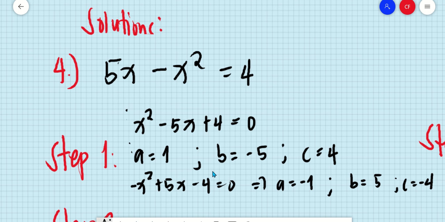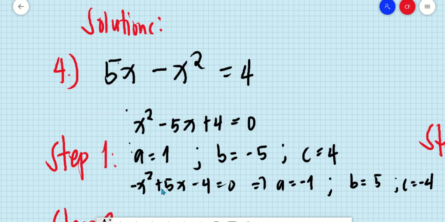Sir, bakit po ganoon? Observe, dito kasi, ginawa kong positive yung quadratic term. Kung goal natin maging positive yung quadratic term dito, magmumultiply lang po tayo both sides of the equation by negative 1. So, negative 1 times negative x squared, positive x squared.